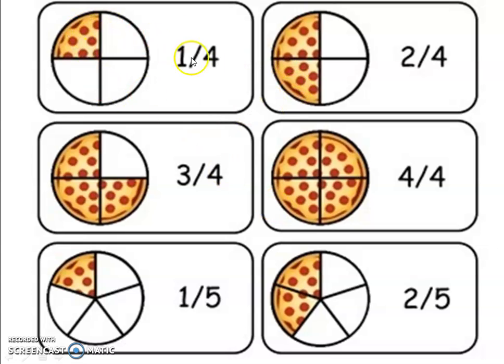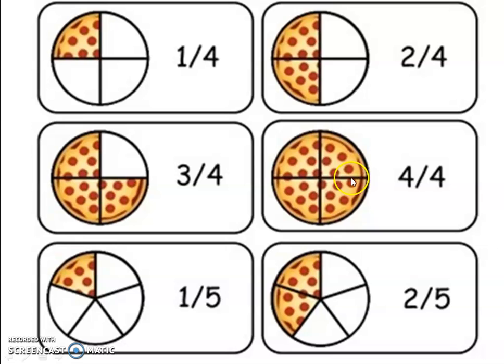So we have to divide into the number of parts and select, suppose one part, that is 1 upon 4. If we select 2 parts, that is 2 upon 4. Total 4 parts are there, we select 3 parts, that means 3 upon 4, and 4 parts out of 4, that is 4 upon 4.